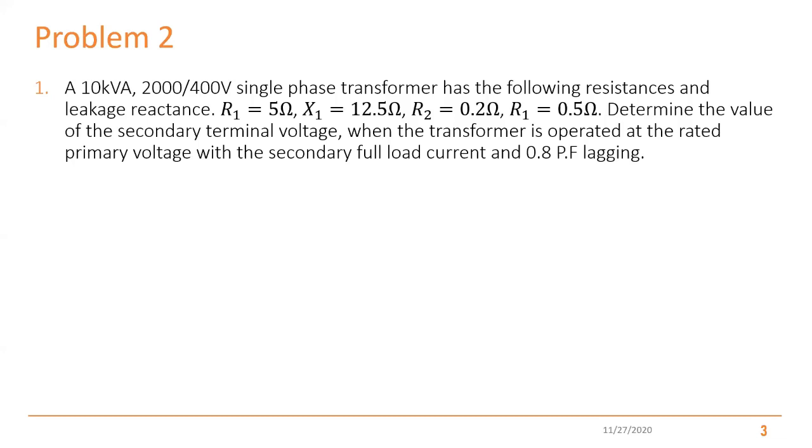So this is also very straightforward. What you have to find out is the secondary voltage, or output or load voltage, when the transformer operates at full load secondary current and we apply the rated primary voltage to the primary of the transformer.